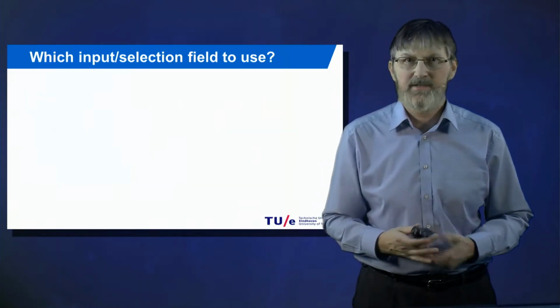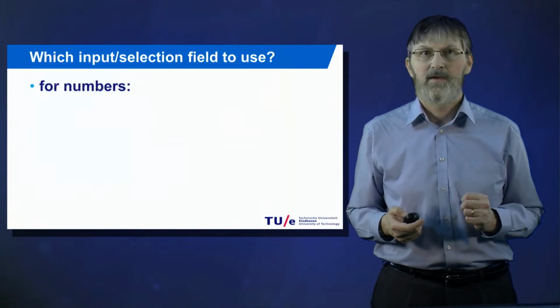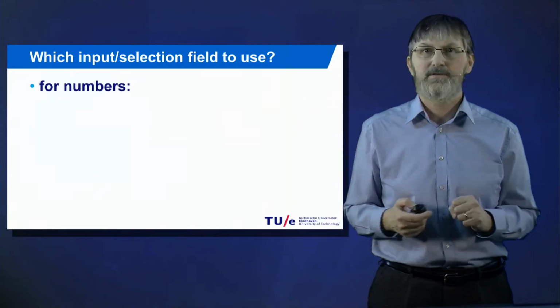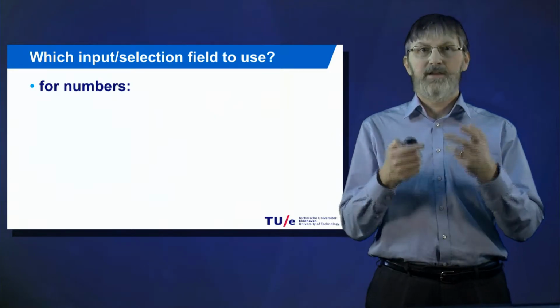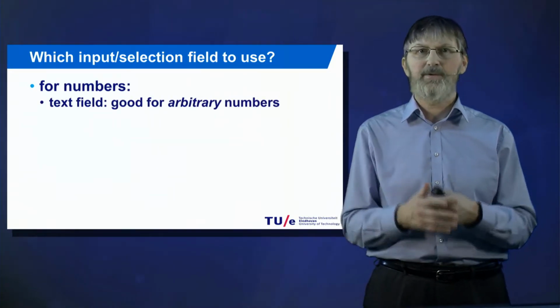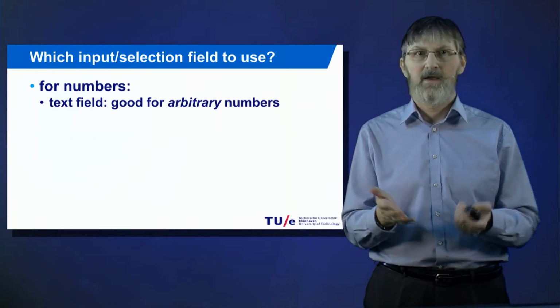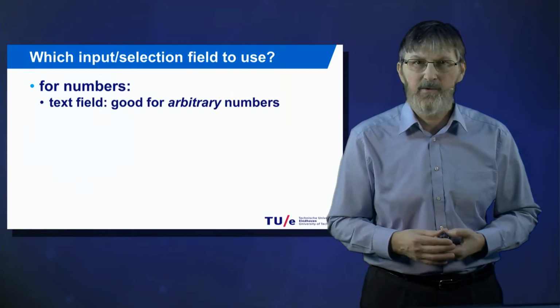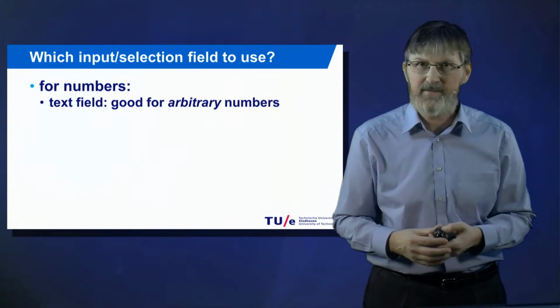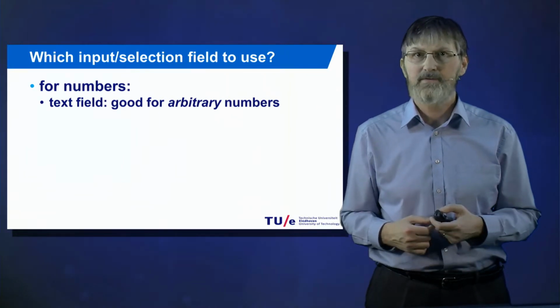In your assignment, you're going to need input fields. For instance, for numbers. There is a standard input field that is good for arbitrary numbers, and that is the text field. How often in your interface for a thermostat are you going to need arbitrary numbers?